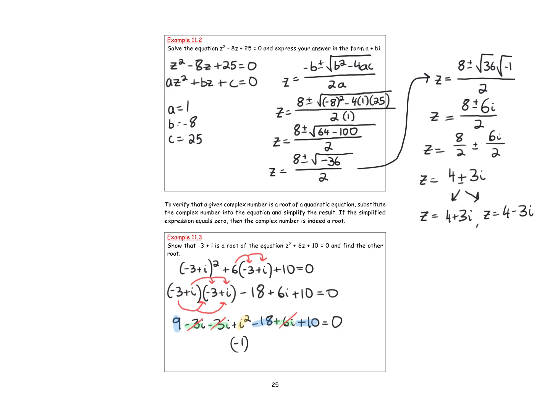And then I have 9 minus 18 plus 10. 9 minus 18 is minus 9, plus 10 is 1. So I'll be left with 1 minus 1 is equal to 0. Therefore, 0 is equal to 0. So yes, minus 3 plus i is a root.